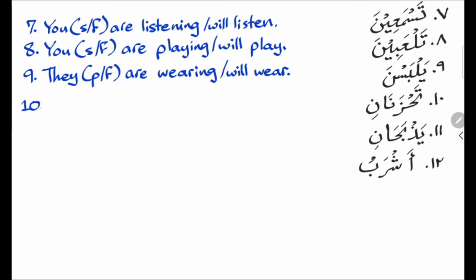Number 10, tahzanani. This comes from the root word of hazina yahzanu, which means to have grief, or to be sorrowful, to be sad. And tahzanani is on the wazn of taf'alani, which is tathniya mu'annath ghaib, and it could also be tathniya mudhakkar hadir.